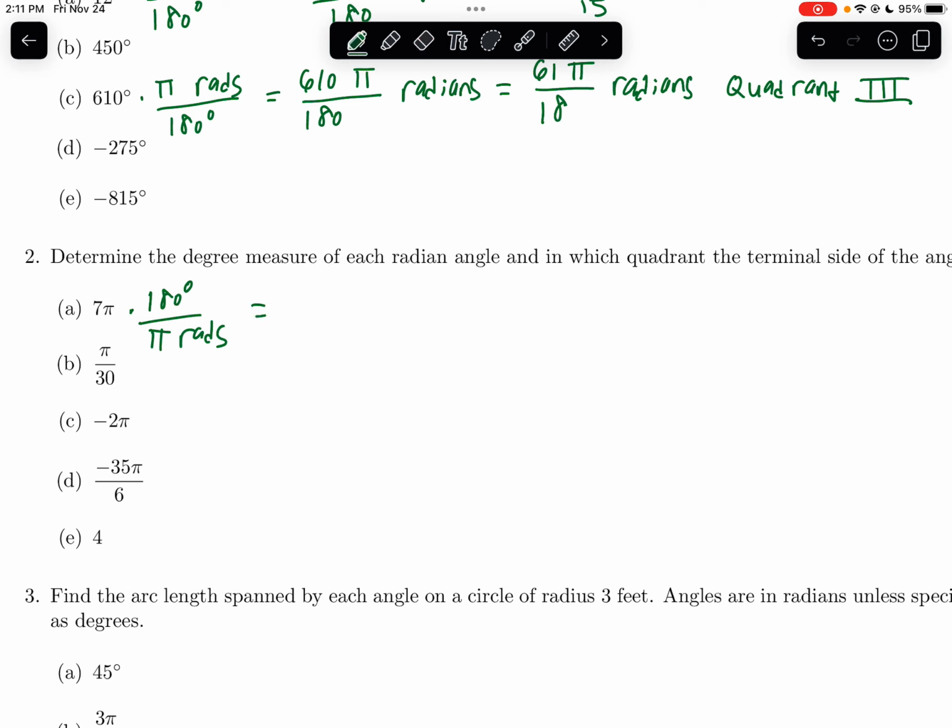So the units that survive here are degrees. So this is 7 pi times 180 divided by pi, and this is going to be in degrees. Pi cancels out, so we have 7 times 180 degrees, and this is 1,260 degrees.